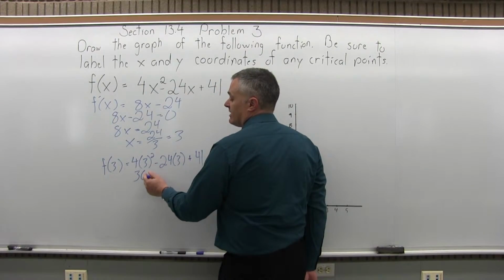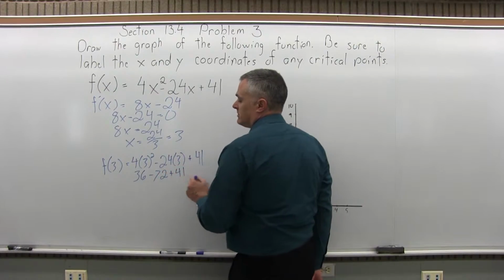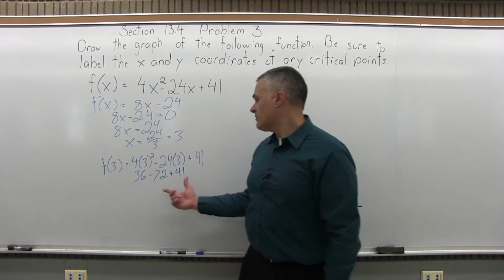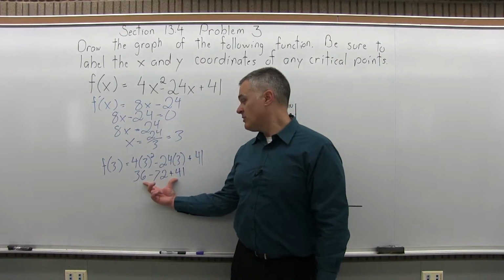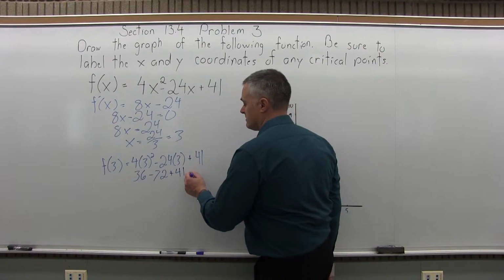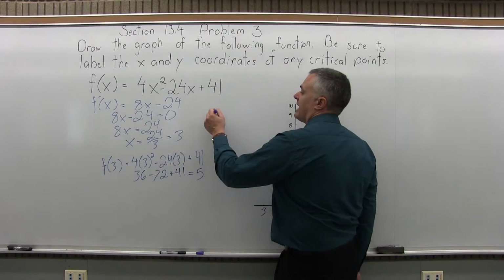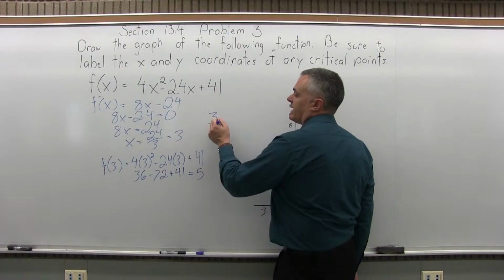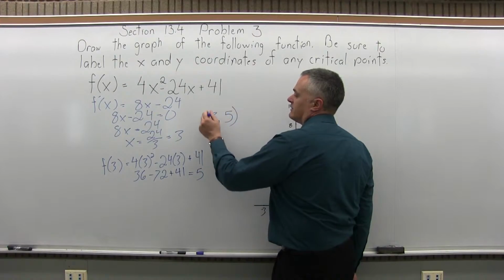It's going to be negative 72. And then plus 41. So if I combine my positives, 36 and 41, that'd be positive 77. Positive 77 and negative 72 will be positive 5. So I have a critical value with an x-coordinate of 3 and a y-coordinate of 5.